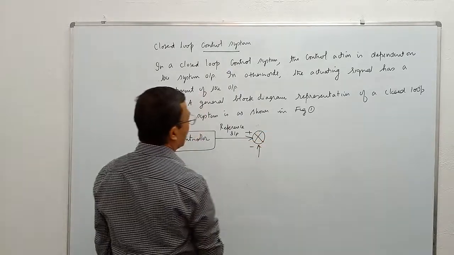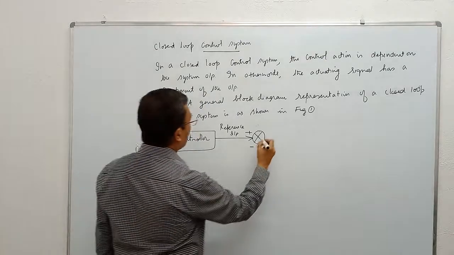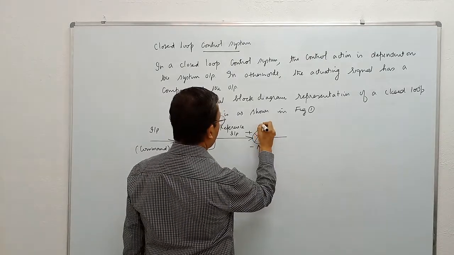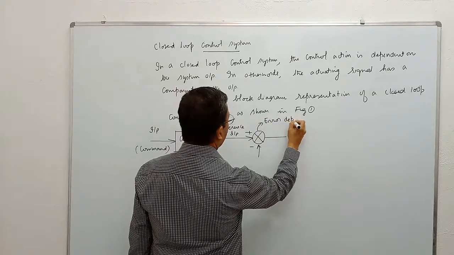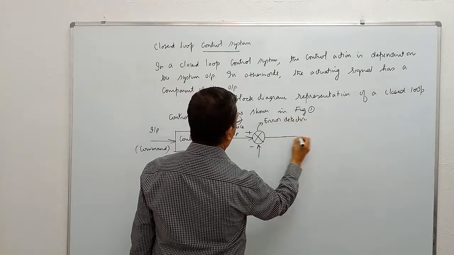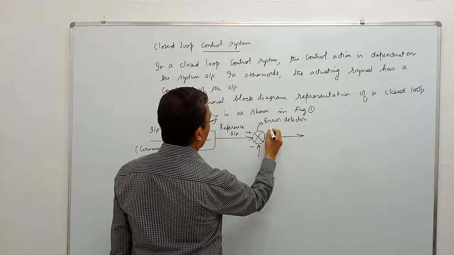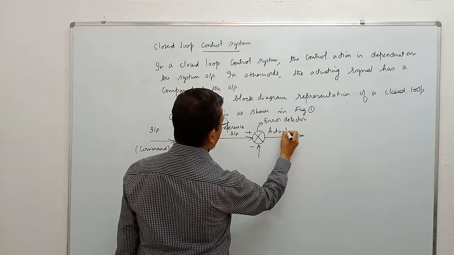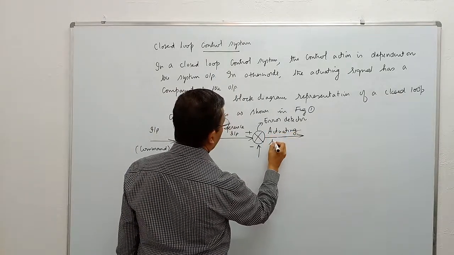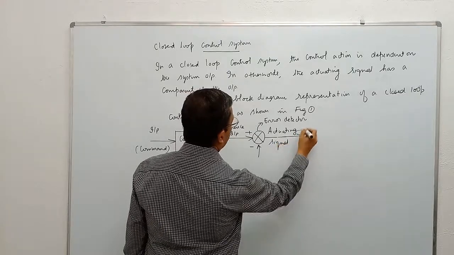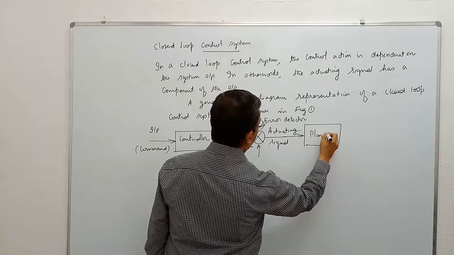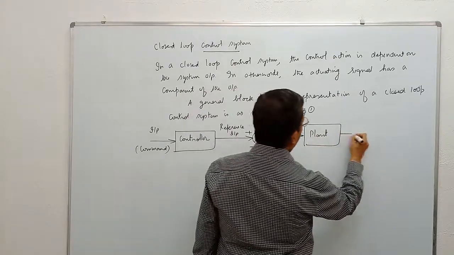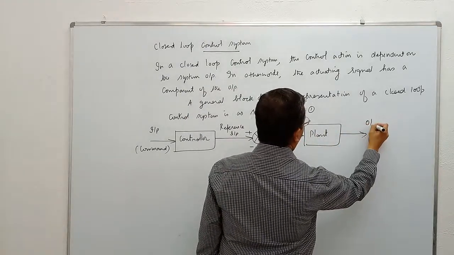This is plus, this is minus. The output of the error detector is called actuating signal. The actuating signal drives the plant. This is the output of the plant.